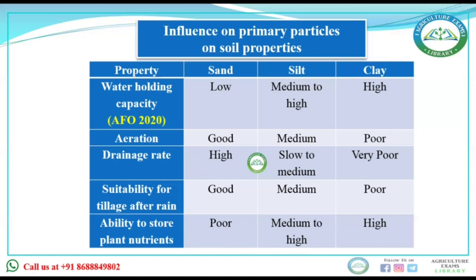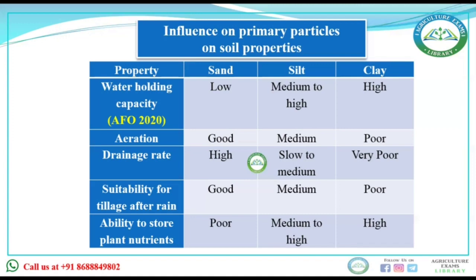Tillage. What is tillage? Manipulation of soil so that we can make the land suitable for cultivation. It is good in sand soil, medium in silt, and poor in clay. Why?